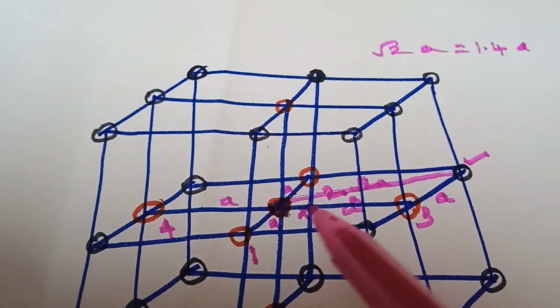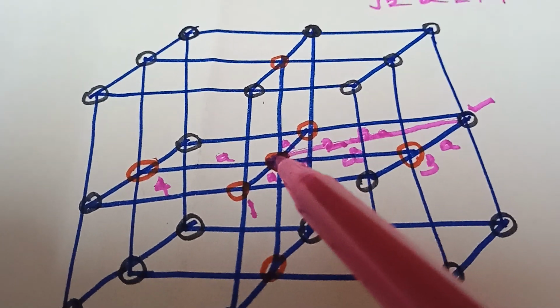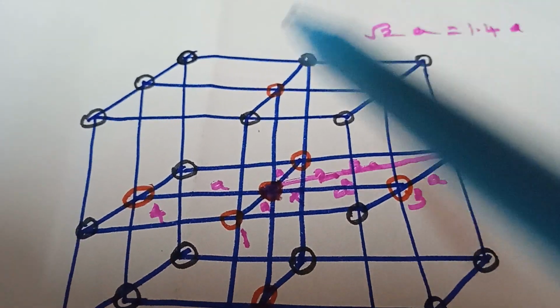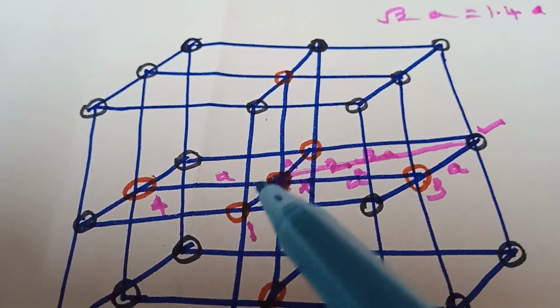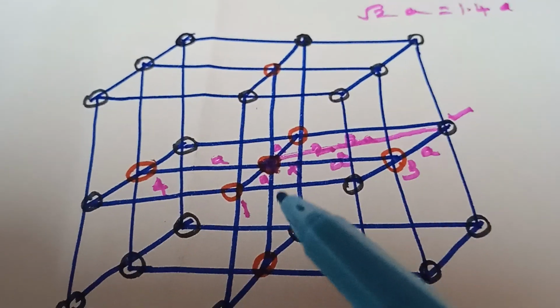So the coordination number for this simple cubic crystal structure: one reference atom should be considered, and then we need to calculate how many equidistant nearest neighbors there are to this reference atom.